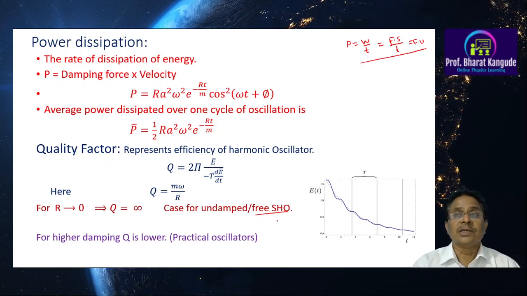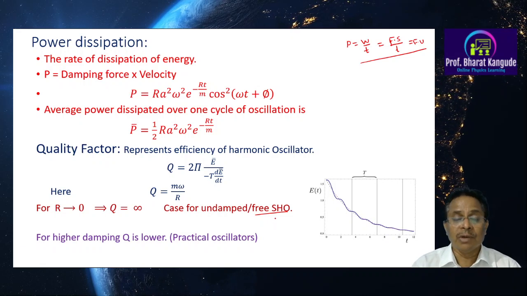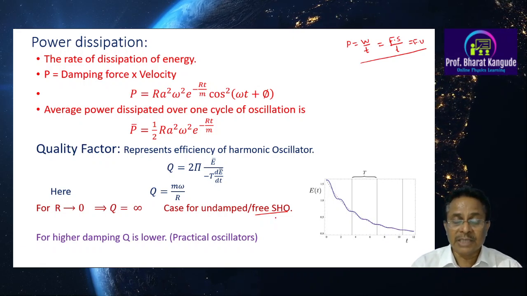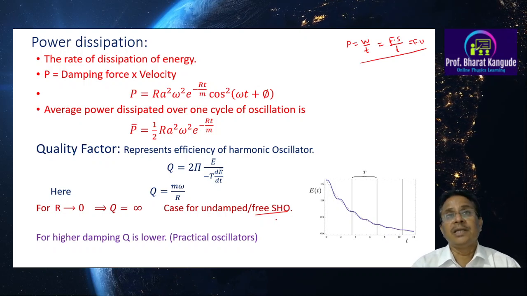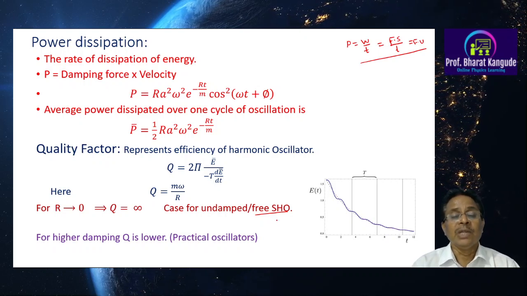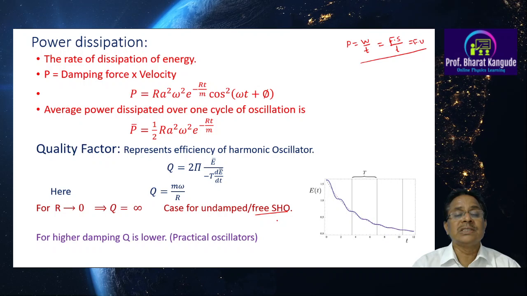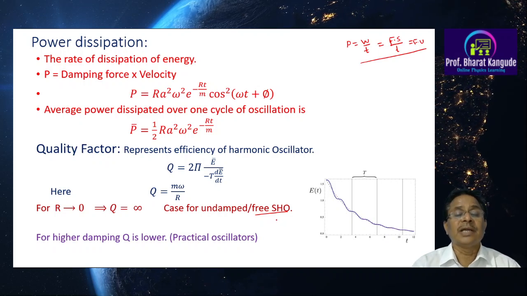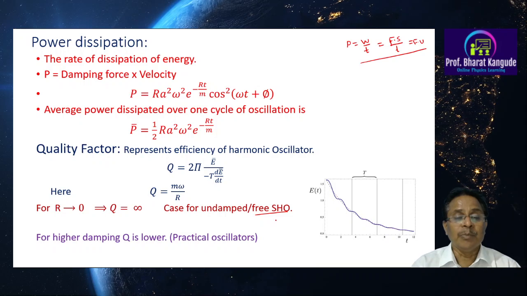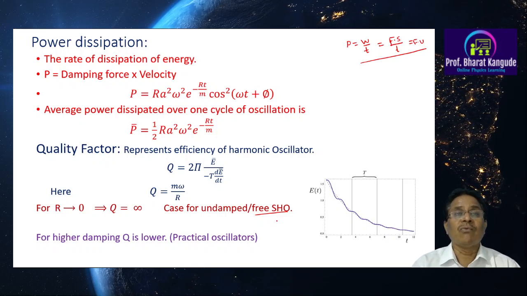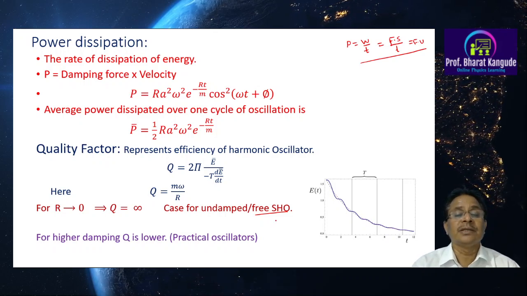Practically, all oscillators, wherever they are working, whether in a gaseous medium, a liquid medium, or any other, have some value of R depending on that medium, and therefore Q is always less than infinity and has some definite value. So for higher damping, Q is lower, and for lower damping, the quality factor is higher.